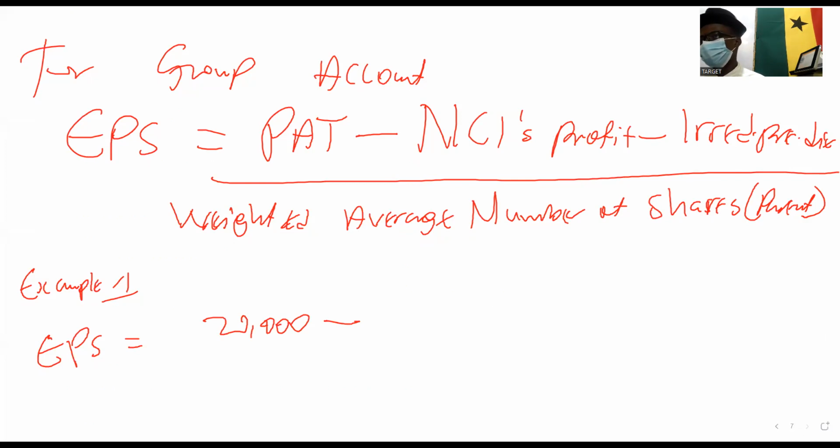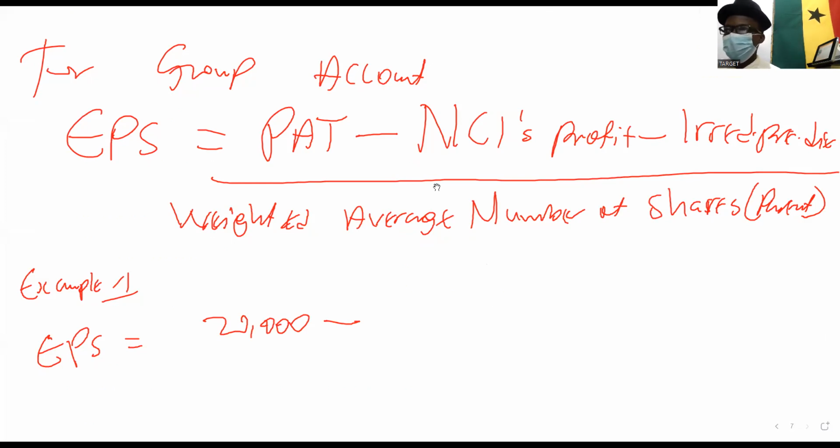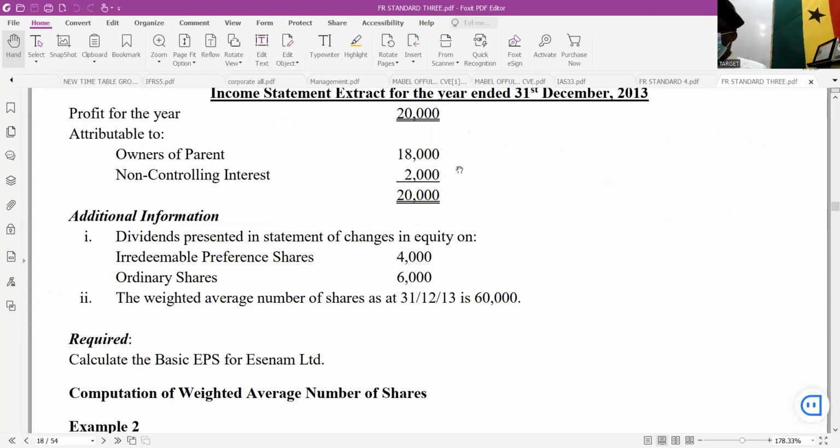Minus NCI's share of profit. The NCI share of profit is, let me pick it. Probably you can take a screenshot of the question when it comes. NCI share is 2,000, non-controlling interest is 2,000. Here we want earnings that is attributable to the owners, equity holders, not any non-controlling. And this profit 20,000 is for the entire group.